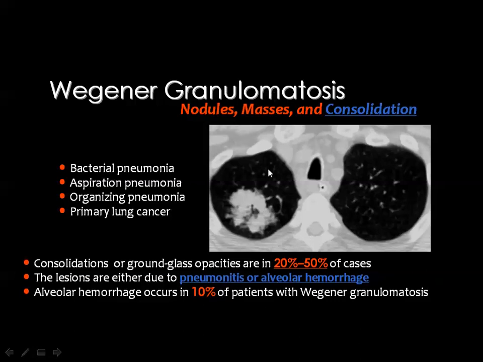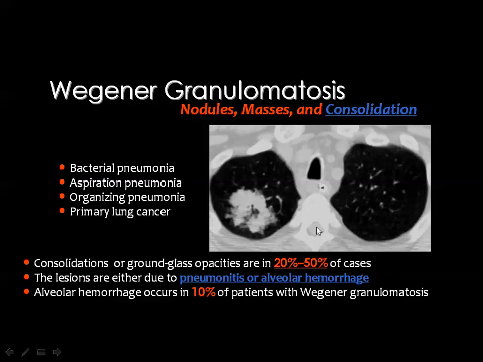But if you are asked to diagnose a lesion like this and you want to select one of these two conditions, I think it's better to diagnose this as hemorrhage rather than pneumonitis, because you know that this is a type of vasculitis which commonly causes hemorrhage in the lung.